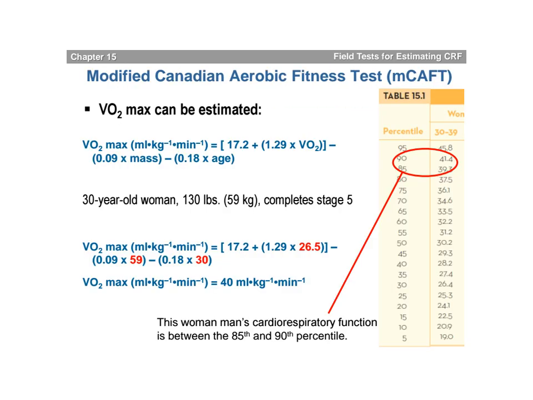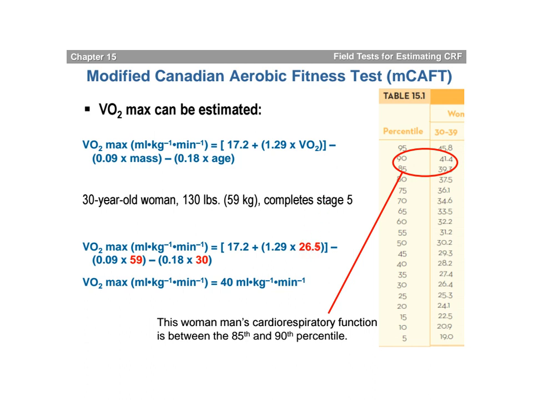Let's go into a little more depth and look at an individual case. Let's say we have a 30-year-old woman. She weighs 130 pounds, which translates to 59 kilograms. And let's say she completes stage 5. So we plug in these various values. We have our equation. We plug in the VO2 value based on the fact that she got to stage 5.